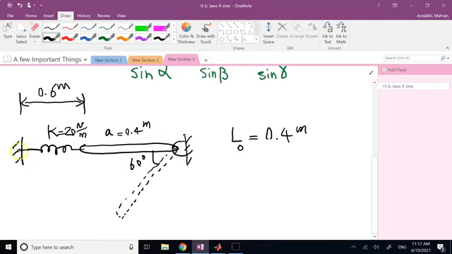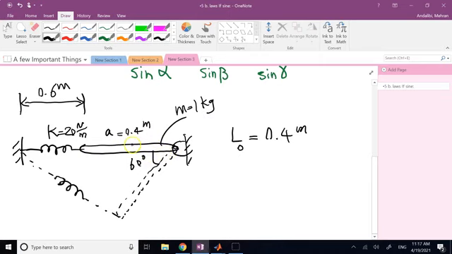And of course the spring is going to be what? Stretched even further. And the mass of this guy was also given. Let's say the mass of this is 1 kilogram, and you release it from rest, correct?